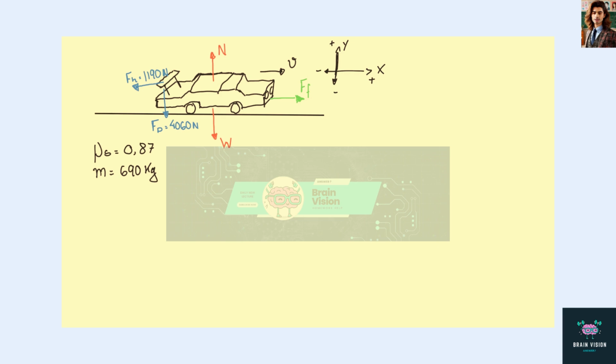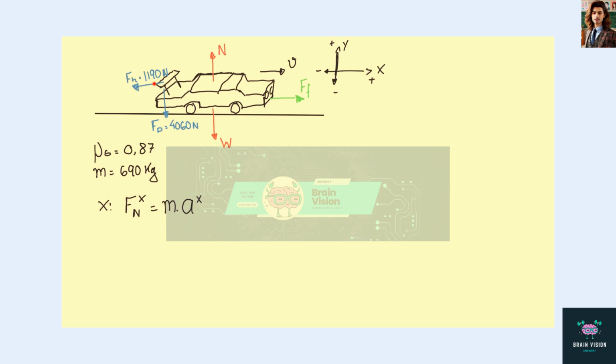Then, applying Newton's second law on the horizontal direction, we get the following. For the horizontal direction, Newton's second law tells us that the net force in that direction is equal to the mass of the car times the acceleration of the car in that direction. Then, what forces are composing this net force?